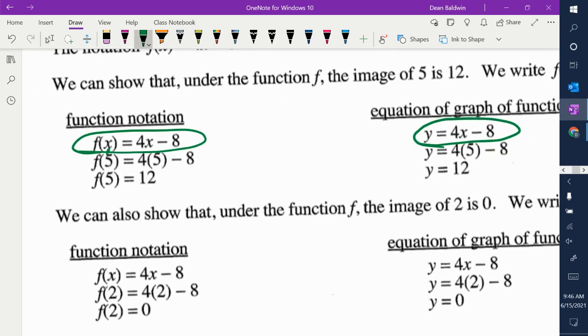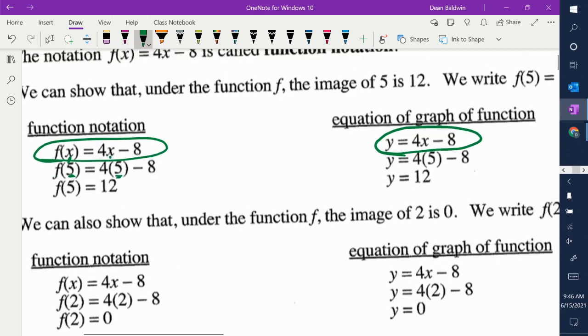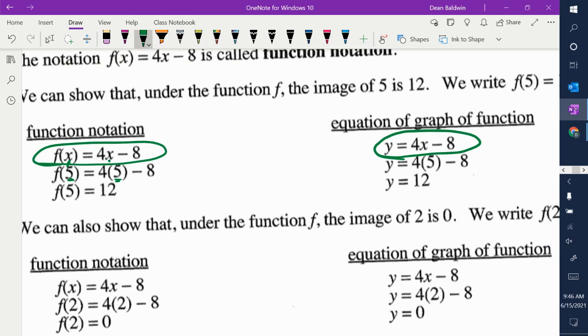So if you look at this one, if our function is 4x minus 8, and I say, what is f of 5? The 5 in here goes in for the x, okay? So even in math 10, you would have seen something like this. If I use the same function, if I said, what is f of x minus 2? Where does the x minus 2 go? It goes in for x.